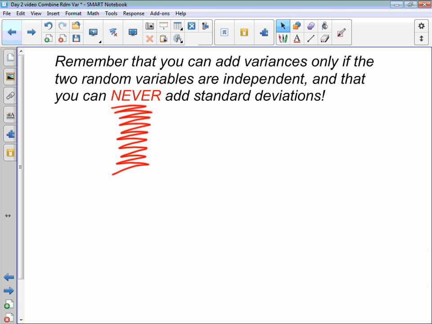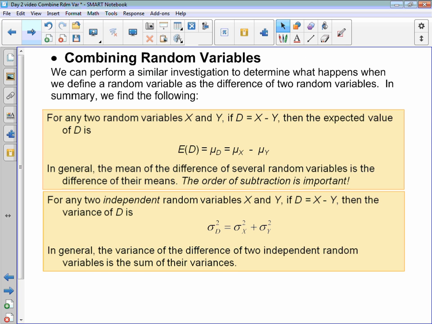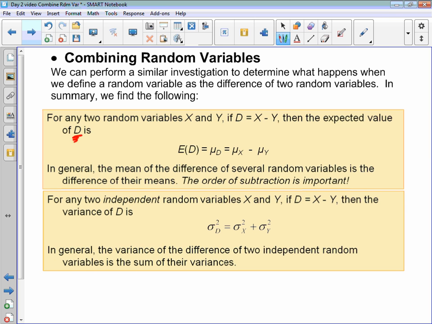The other interesting thing is we always add variances regardless of what's going on. So, for example, let's say instead of total, we define another random variable d, and d is x minus y. So instead of adding the two variables, we're subtracting them. The means go exactly like you would think: you just subtract the two means, and that's the mean of the differences.